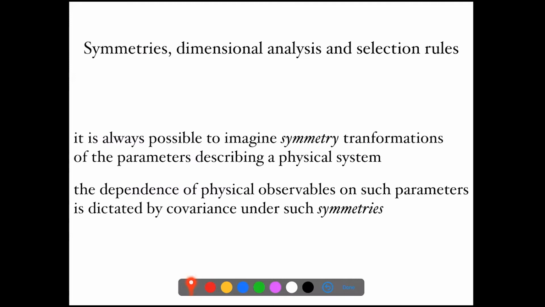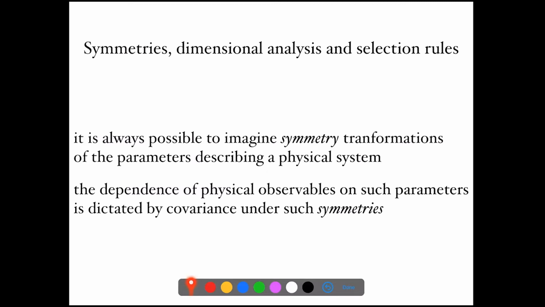By allowing them to transform properly, your Lagrangian will be formally invariant. Once you determine these, if you want, fake symmetries, the dependence of physical observables on such parameters will have to respect the symmetry, the covariance under the symmetry.